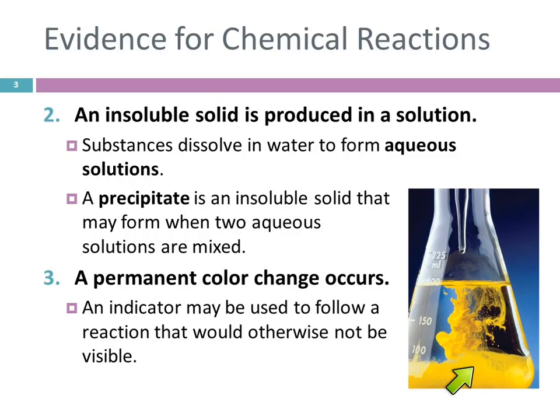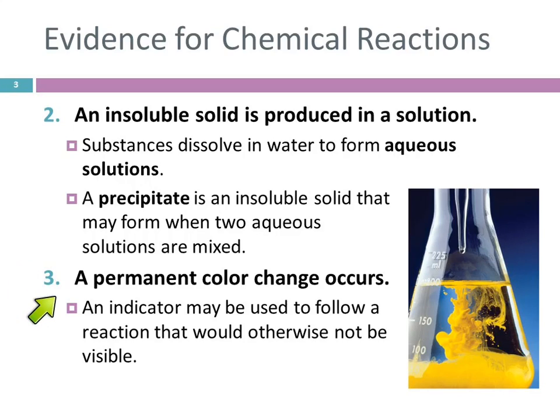This one doesn't look like snow, but some precipitates actually look like it's snowing. You see these little flaky white things falling to the bottom. The fact that we cannot see through this tells us that it's a precipitate. A solid is being formed. The particles are very, very small, and if we wait, they will all settle to the bottom. So that's an insoluble solid forming.